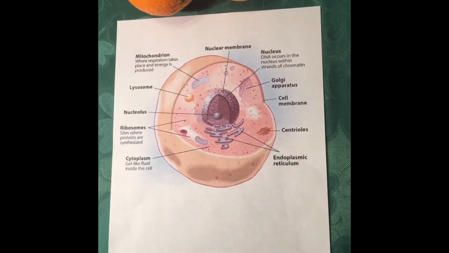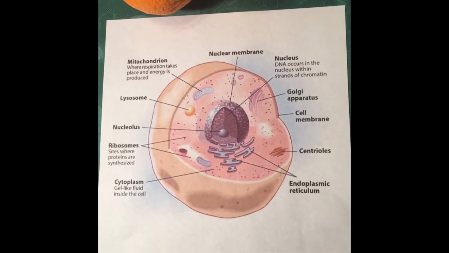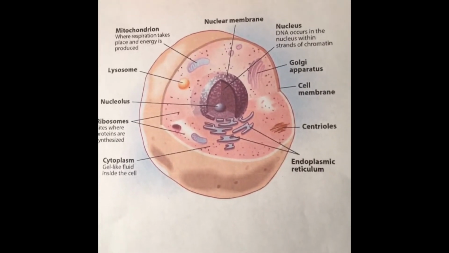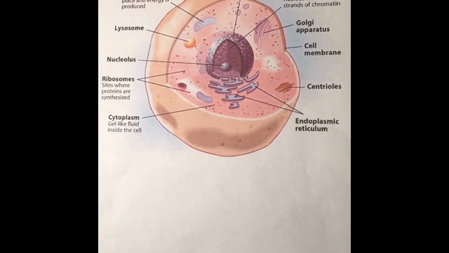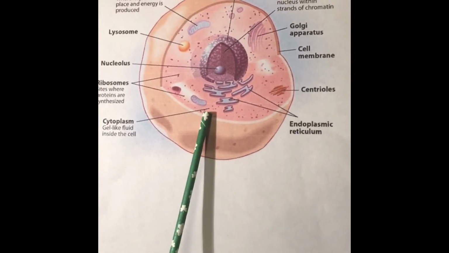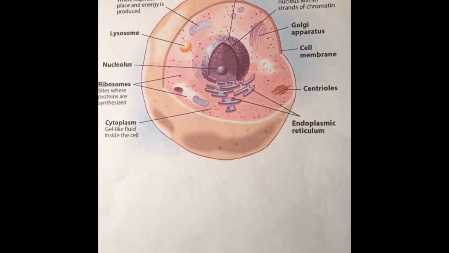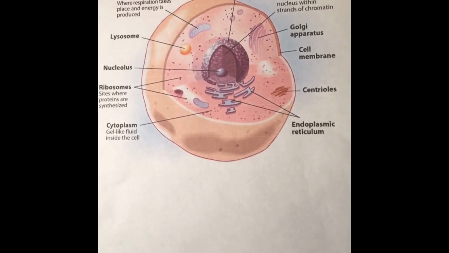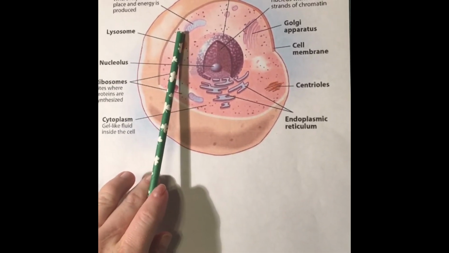Let's begin. Where does the citric acid cycle fit into cellular respiration? We start with glycolysis. That's where we took glucose, broke it down into pyruvate in the cytosol, which is part of the cytoplasm. Then we take our pyruvate, we transform it into acetyl-CoA in the mitochondria.